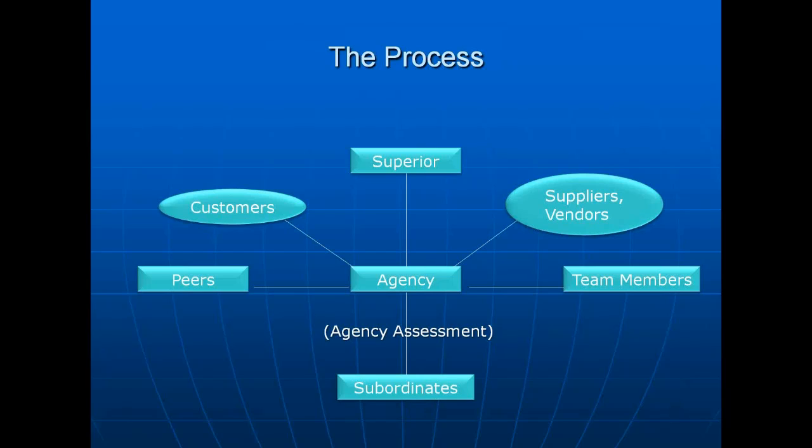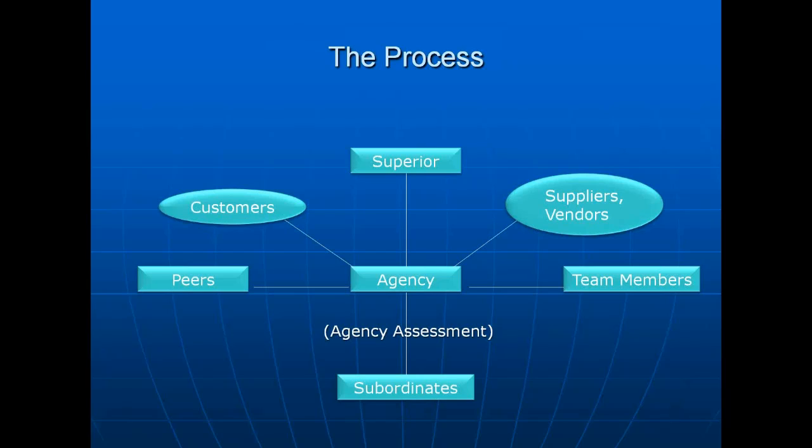So again, when trying to accomplish a successful 360 degree self-assessment, we're going to take a look at what level of the agency, what area of the agency we're trying to assess.